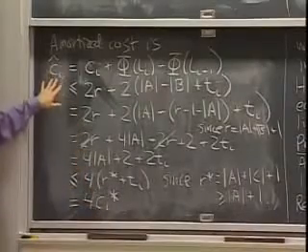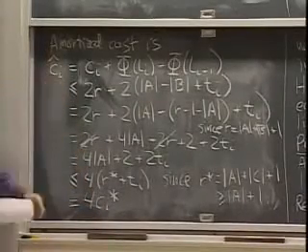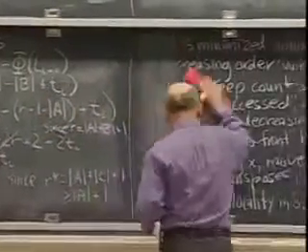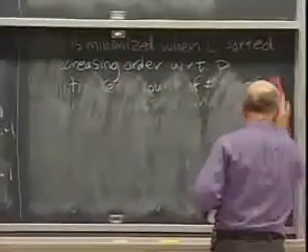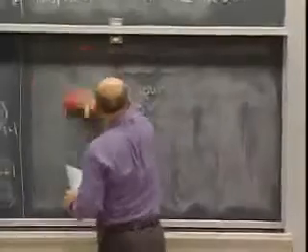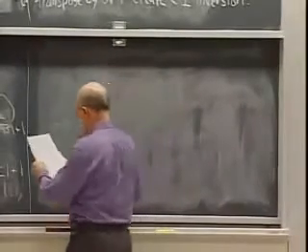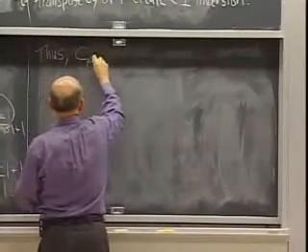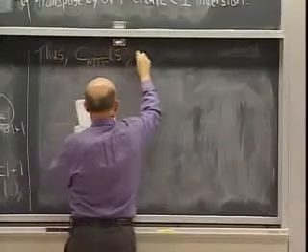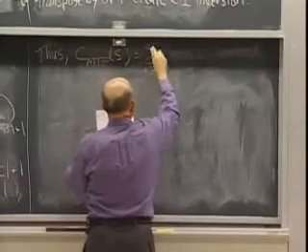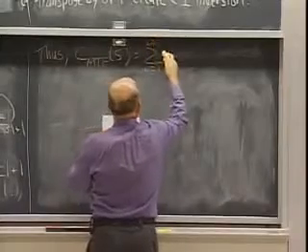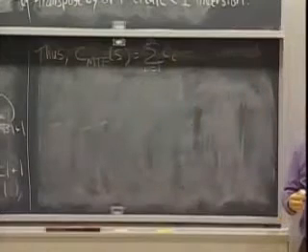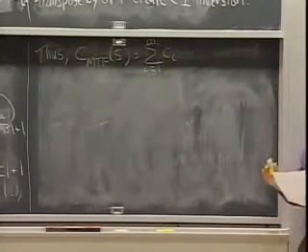Now, of course, we have to go through and analyze the total cost. But this is now the routine way that we analyze things with potential functions. So the cost of MTF of S is just the summation of the individual costs, by definition.